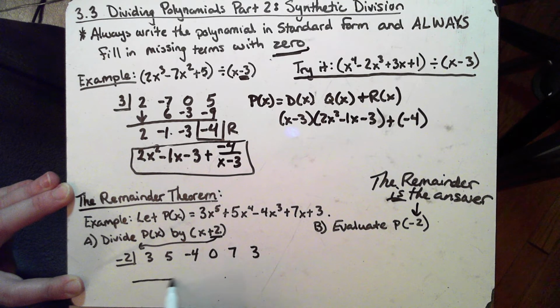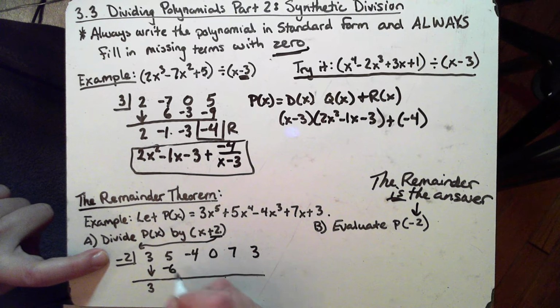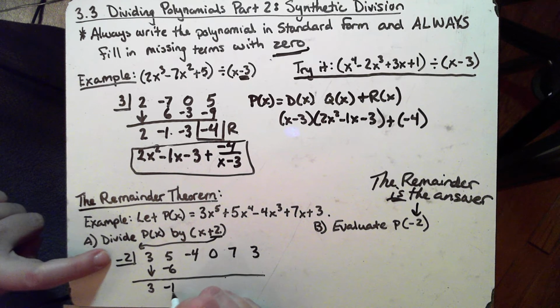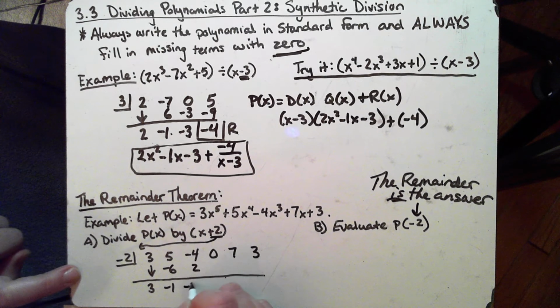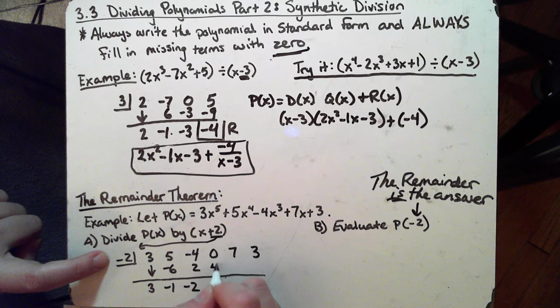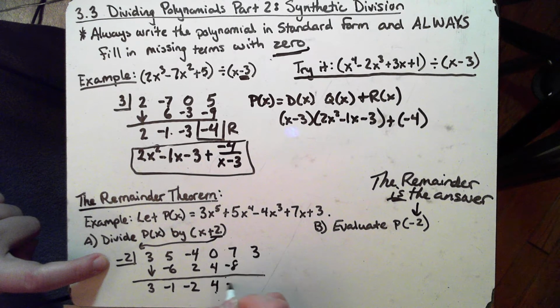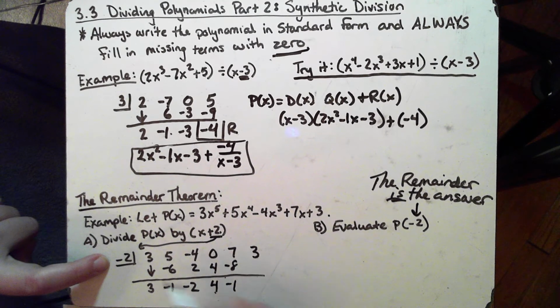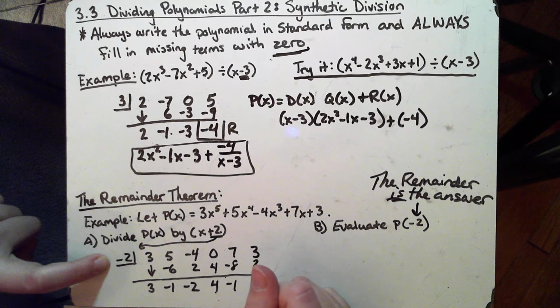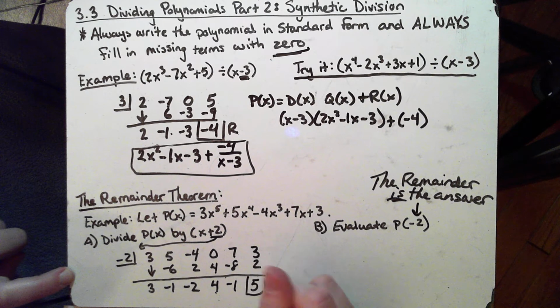Okay, now I'll draw my line, bring down the 3, multiply, add, multiply, add, multiply, add, multiply, add, multiply, and add. Okay, so my remainder is 5.